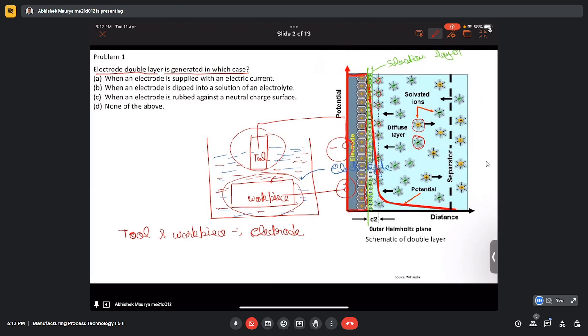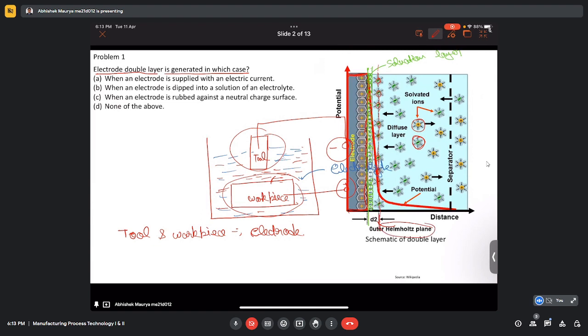If we draw the center line of the first layer of the negative charge, that is called the Helmholtz layer, or Helmholtz plane.